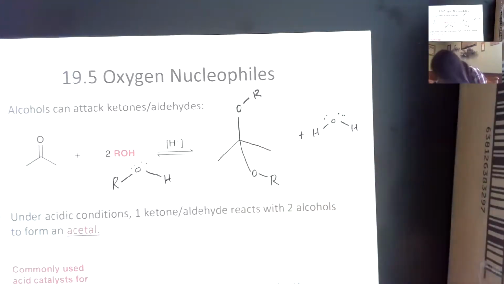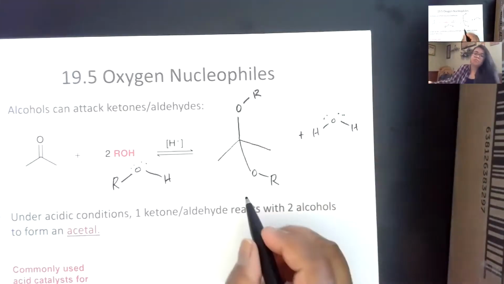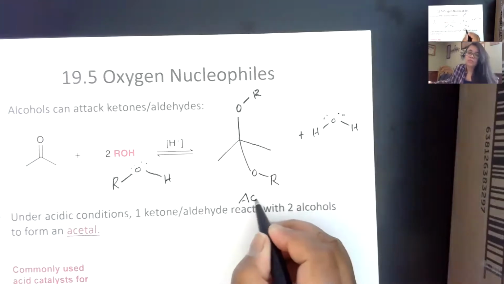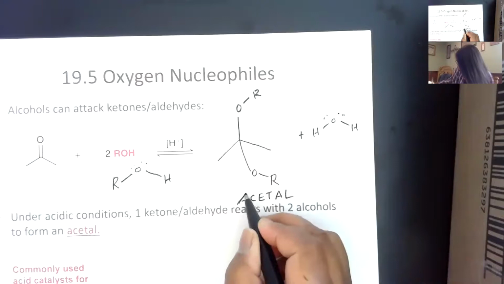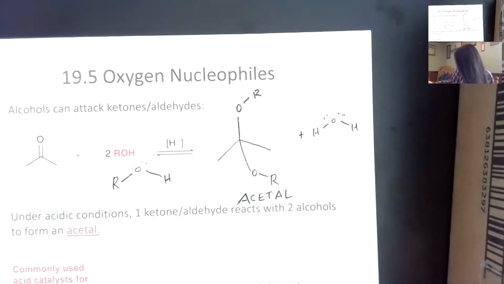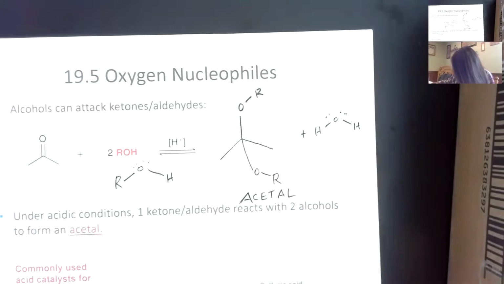Now when you have 2 OR groups, this is called an acetal. You will see this in biochemistry. Glucose structures, or any carbohydrate structure, can form acetals.